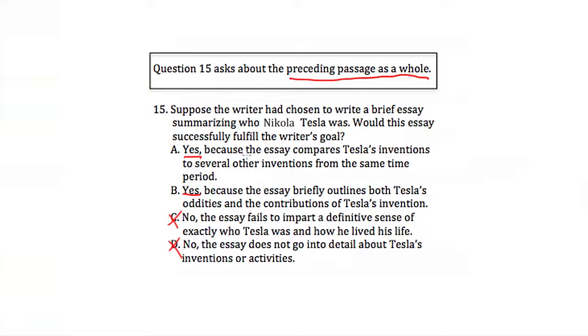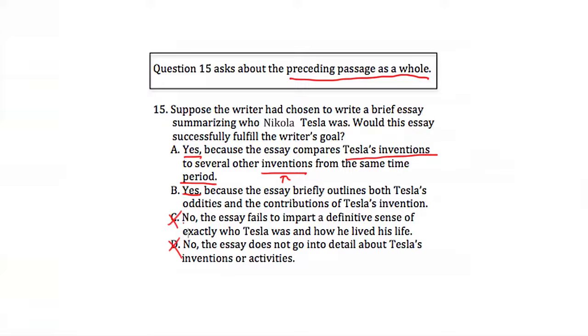Yes, because the essay compares Tesla's inventions to several other inventions from the same time period. Well, it does mention Tesla's inventions, but it doesn't mention any other inventions from the same time period. It does mention other inventors, but not other inventions. So I don't think A is correct.